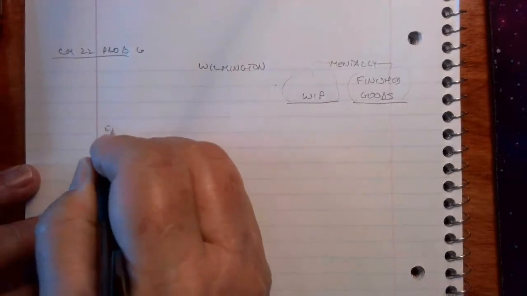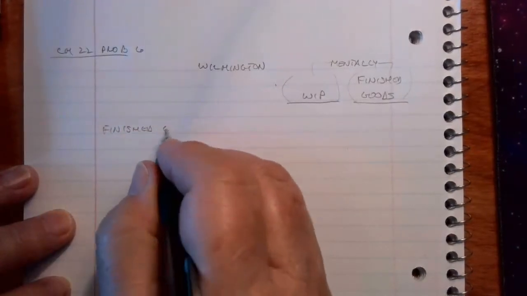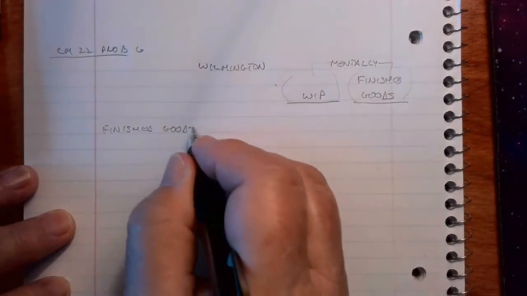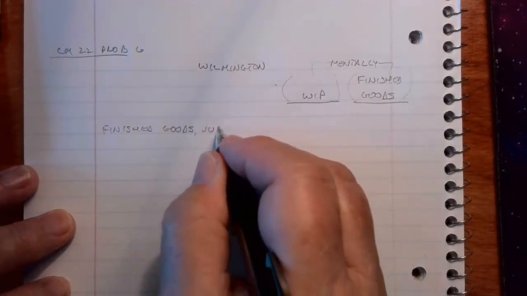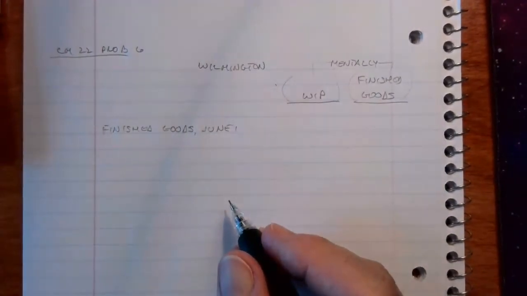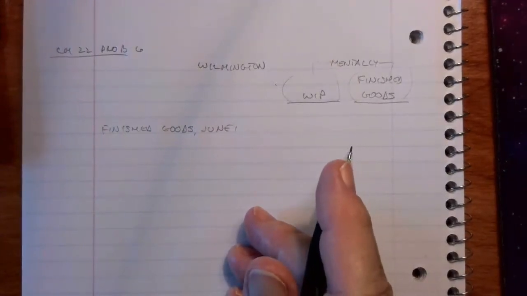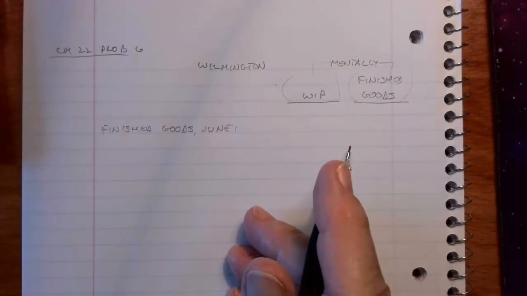So we're going to start out with our finished goods inventory at June 1st. This is finished goods inventory of oil. So the finished goods inventory of oil on June 1st is 15.5.